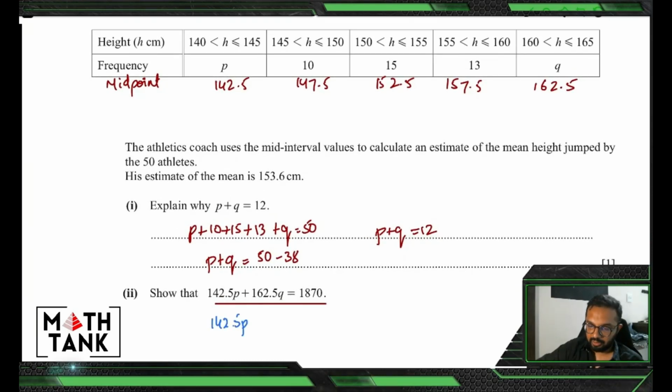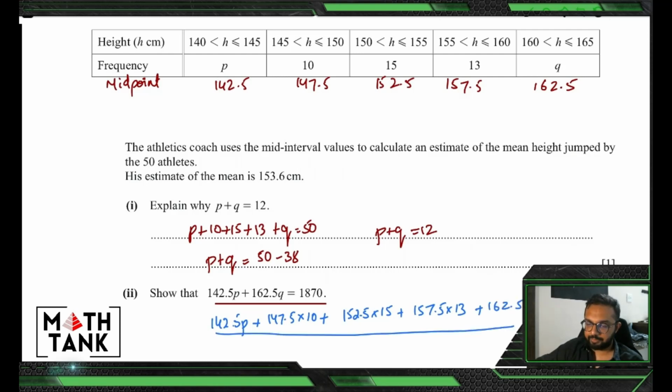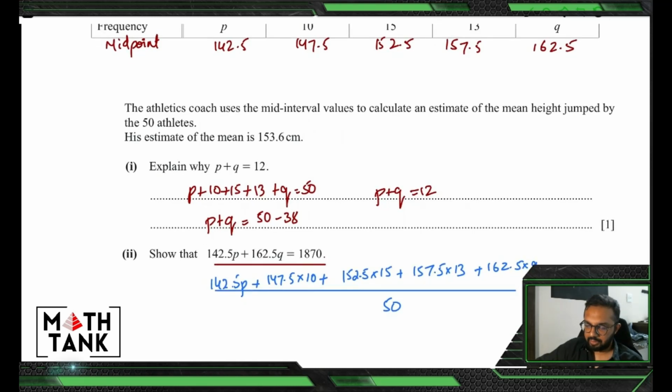142.5 into P plus 147.5 into 10 plus 152.5 into 15 plus 157.5 into 13 plus 162.5 into Q, divided by, how many values are there? 50, equals 153.6. So 142.5p.